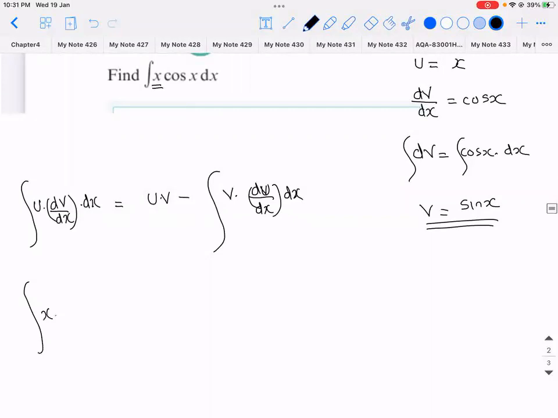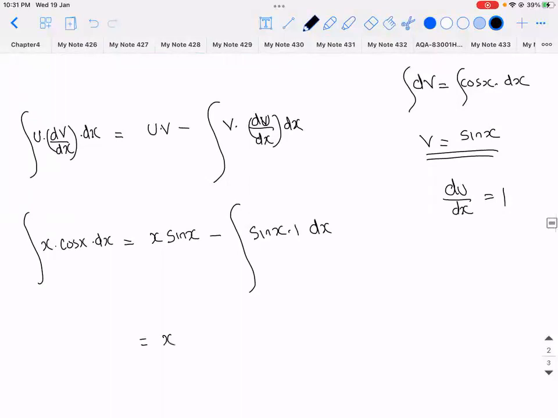The integral of x cos x dx we can write as x times v, and v is sin x, so x times sin x minus v, which is sin x, times du over dx. If you are differentiating x, it becomes 1. So it becomes x sin x minus sin x times 1, simply sin x dx.